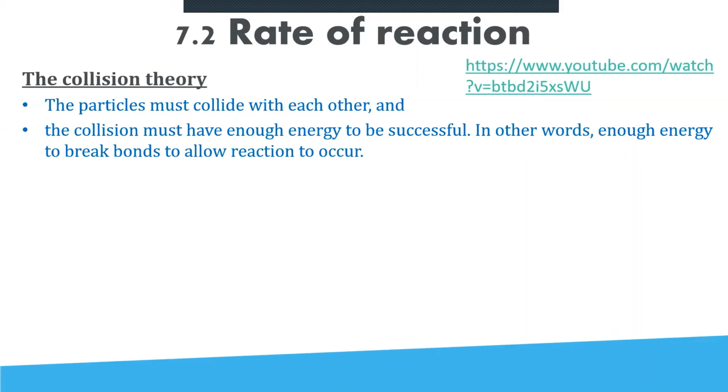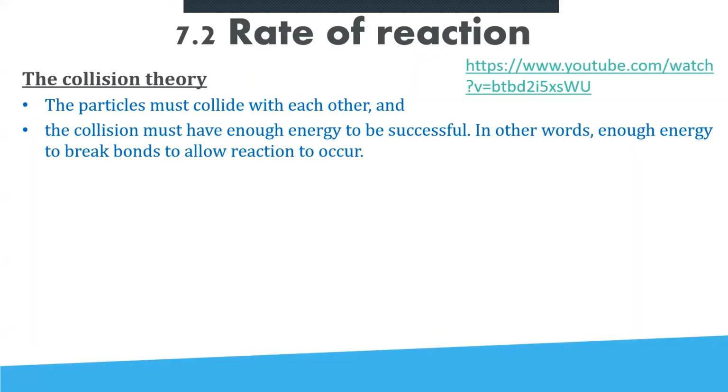If you are going to hit someone, you have to have a certain amount of energy. I'm not saying do it, okay? I'm saying if you have to fight someone, you have to have enough energy to do it. For the collision of particles, the same idea applies. So first there should be enough energy to do it.